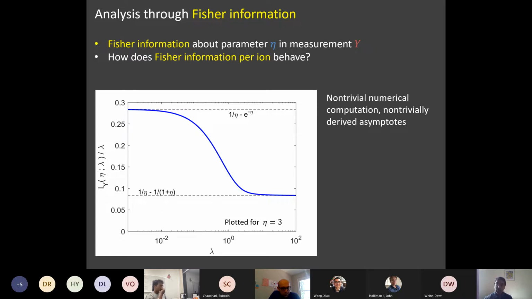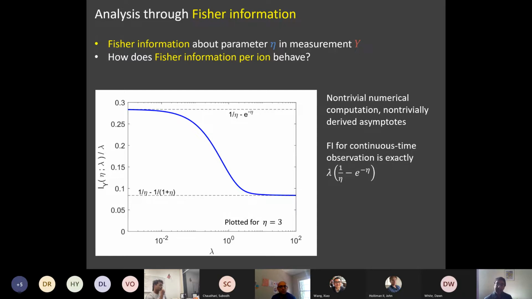This graph is a non-trivial numerical computation because of the infinite series in the Neyman type A likelihood function, and deriving those asymptotes that are marked there. It was definitely a fun part of this project to derive those asymptotes. The Fisher information for a continuous time observation turns out to exactly match the upper asymptote of this plot. That's another bit of fun math.